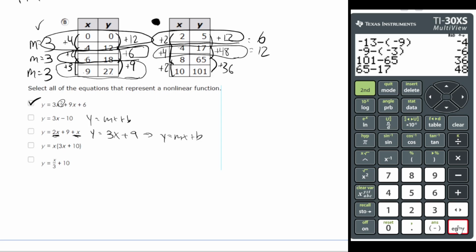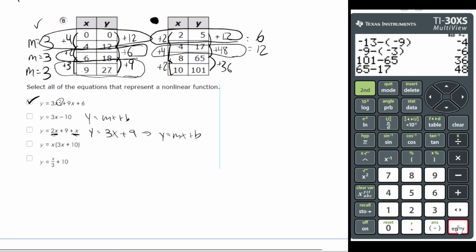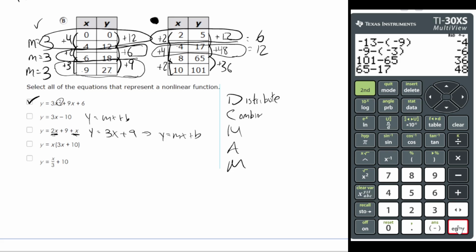Choice 4 is the tricky one because it doesn't look like there's an exponent there. But remember your first step of equation solving. Remember we talked about don't call me after midnight? Distribute, combine like terms, move all variables to one side of the equation, undo your addition and subtraction on the same side of the variable, undo your multiplication and division on the same side of the variable.